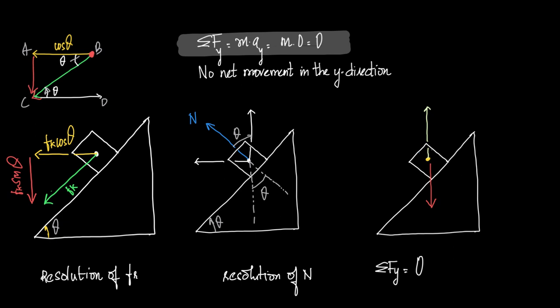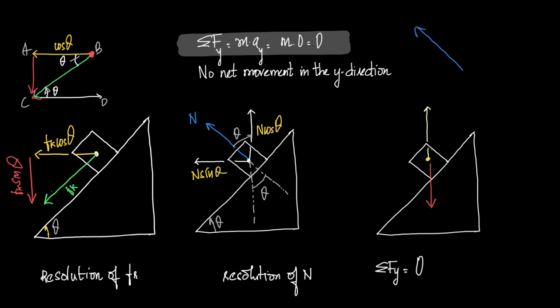Now if we resolve this normal reaction, how can we write it? This is the adjacent side, so this will become n cos theta, and this is the opposite side, so this will become n sin theta. Let me draw that one more time.